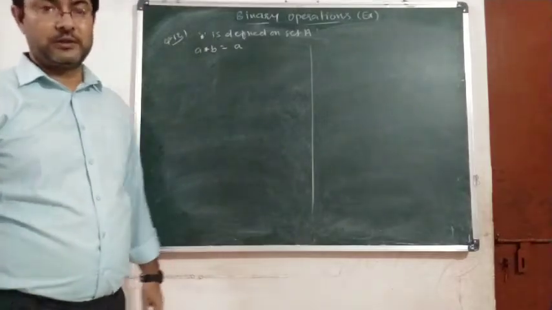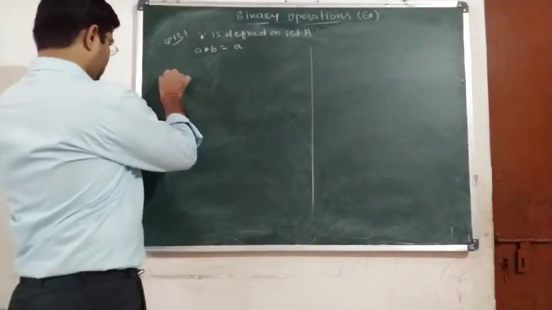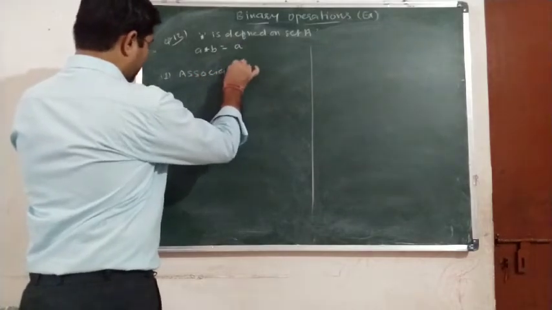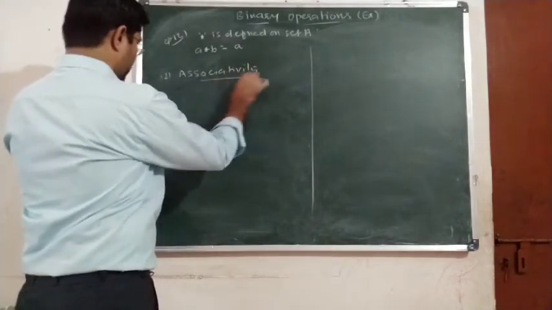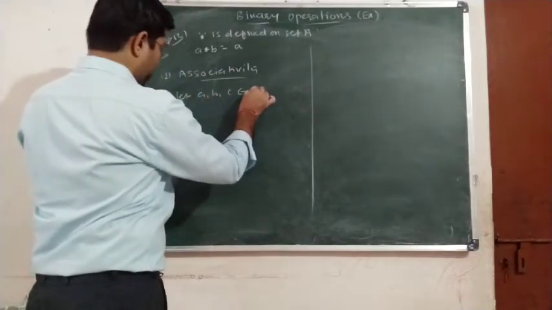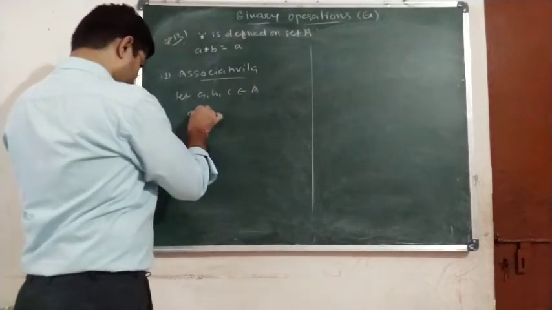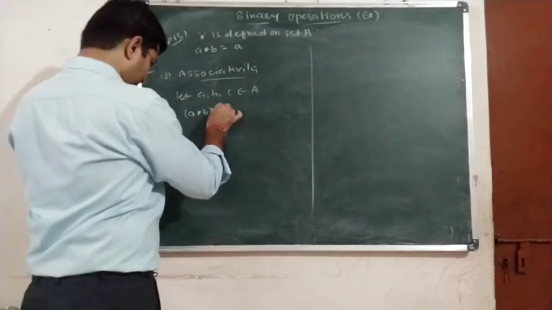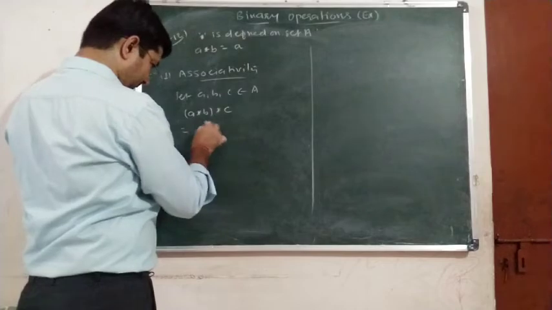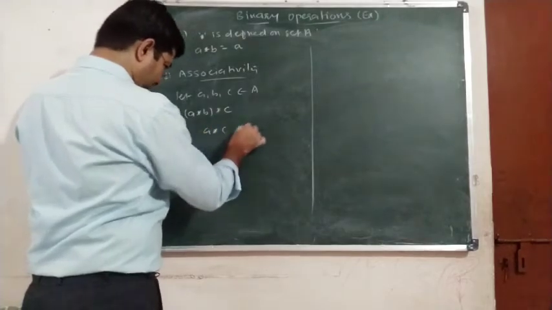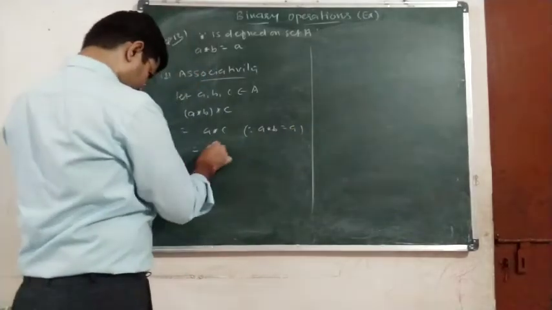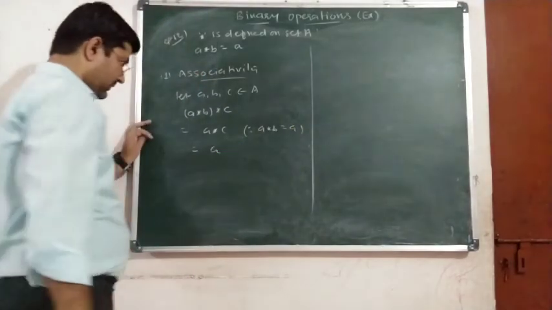We have to show that this is associative. Let us show that this is associative first. Associativity. Okay, so here we take three elements. Let A, B, C belong to set A. Now A asterisk B asterisk C is equal to, now A asterisk B is A, since A asterisk B is equal to A, and finally it will be A only.